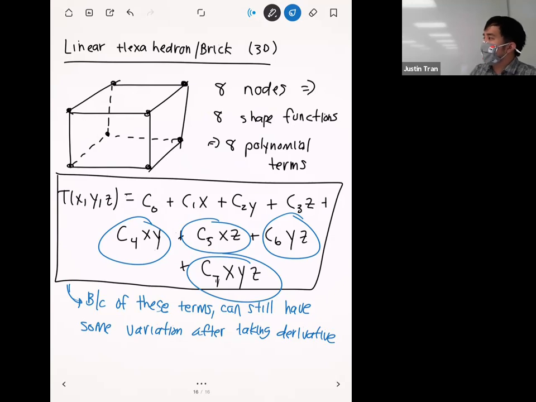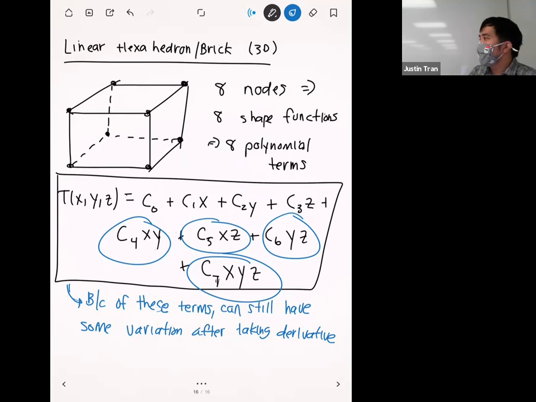And that feature, the fact that you can still have some variation after the derivative, helps prevent shear locking. So even if you do end up using a linear hexahedron for your structural simulation, it's still not ideal, but it's also not that bad because you're still going to get some variation in there.